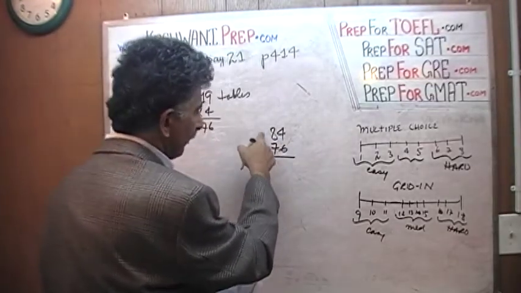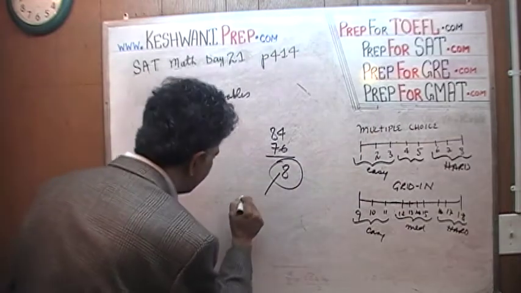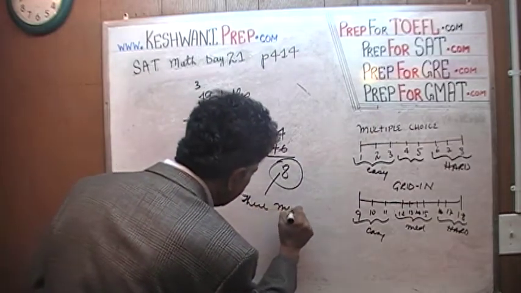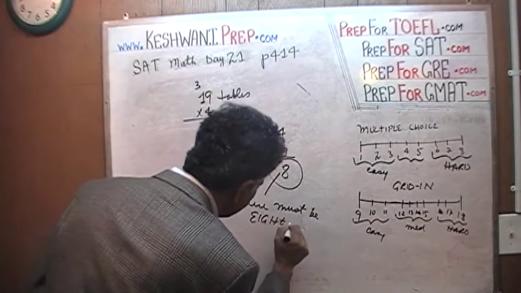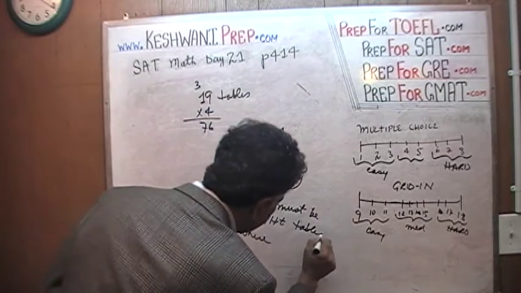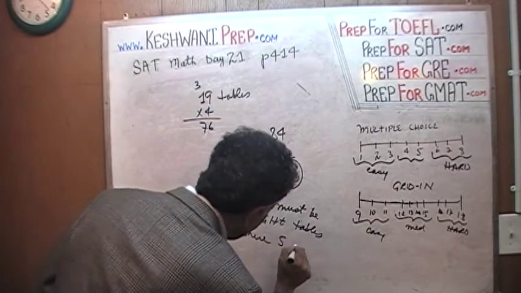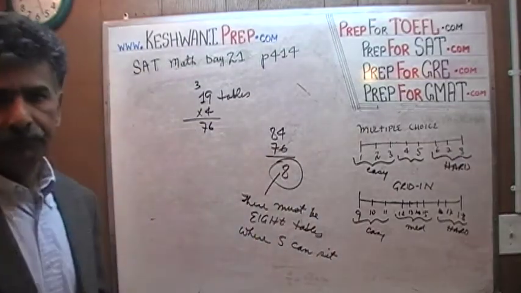If you were to subtract 76 from 84, we get 8. This 8 implies that there must be 8 tables where 5 can sit. This is where the 8 extra people are.